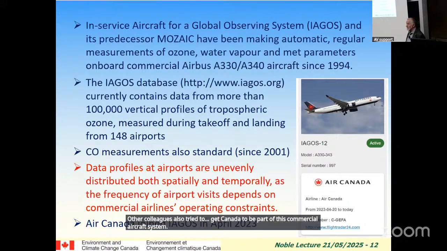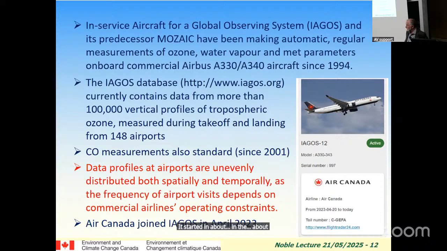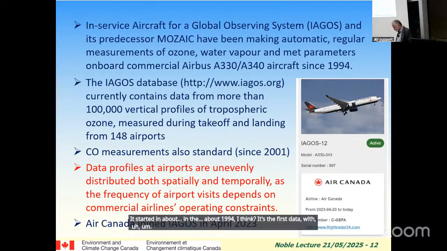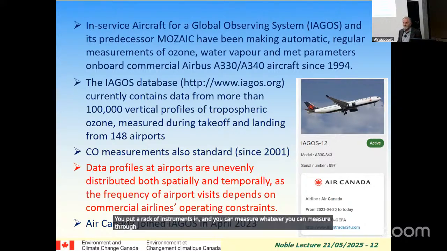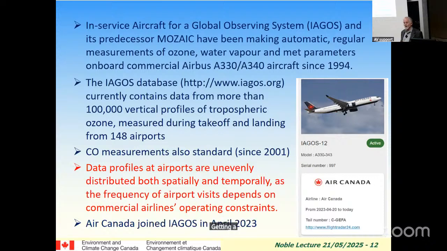It started in about 1994, I think, it's the first data, with it was a European project. Essentially, you take one seat out of the aircraft, you put a rack of instruments in, and you can measure whatever you can measure through a hole in the side of the aircraft. Getting a hole in the side of the aircraft was the big part, because to get an aircraft recertified after you put a hole in the side is a huge deal.